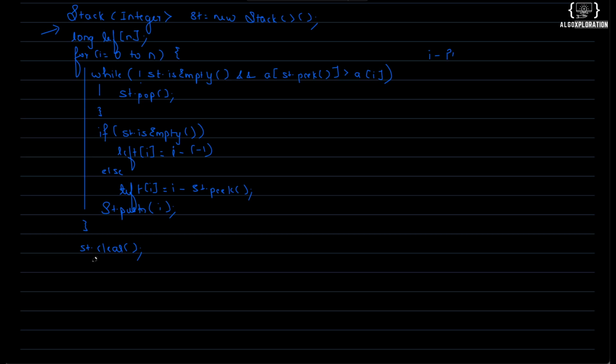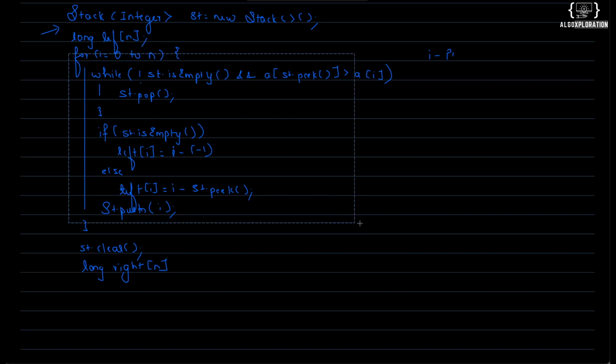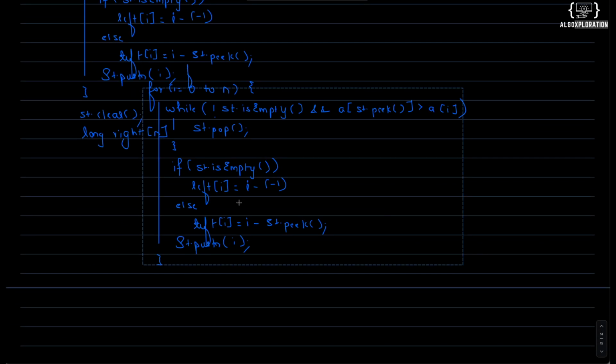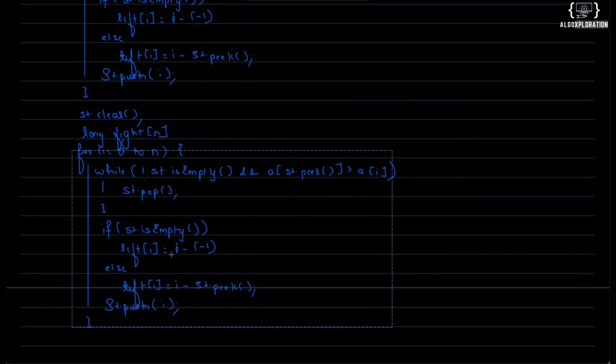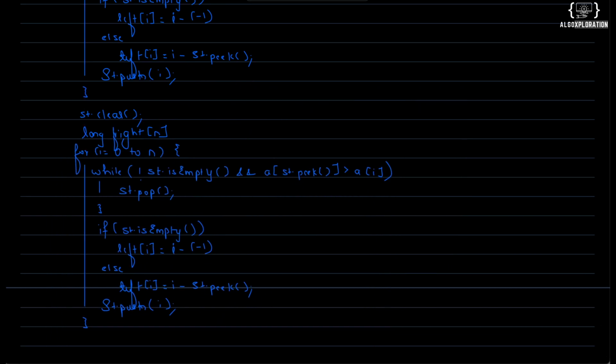Okay. Now long right, in which the size is n, and I will have the same thing, but instead of coming from left to right, I will be coming from right.